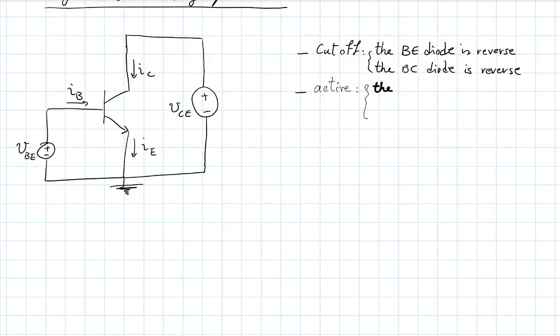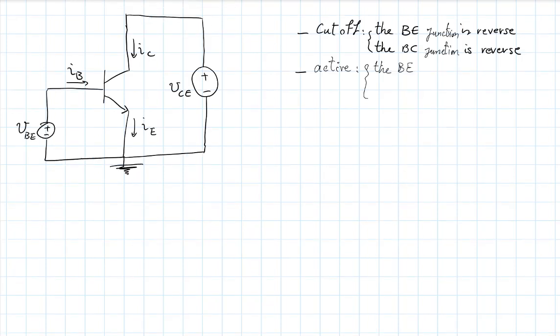Active, the BE. In fact, maybe to reduce this conflict, instead of calling it a diode, I'll call it a junction. How about that? Okay? But remember that each of these junctions are like a diode. So let's call these a junction because it's a junction between two materials.